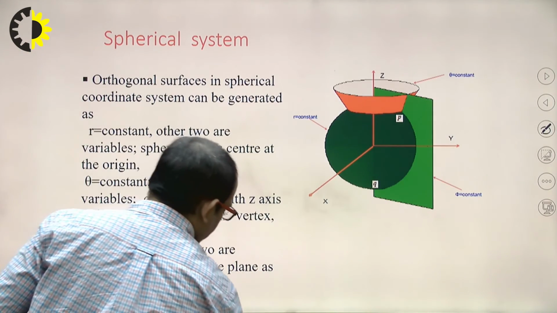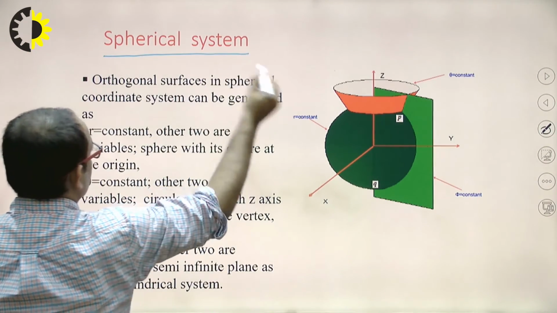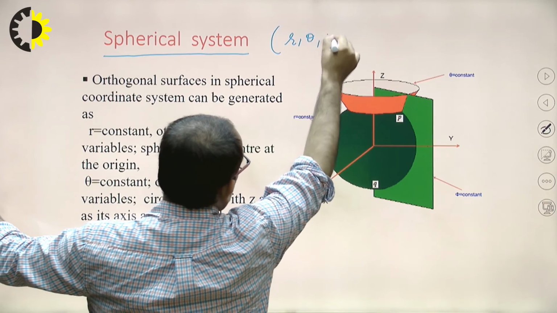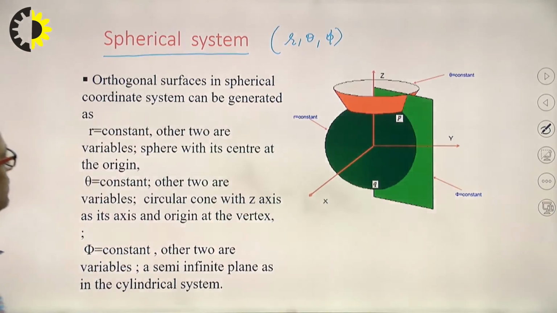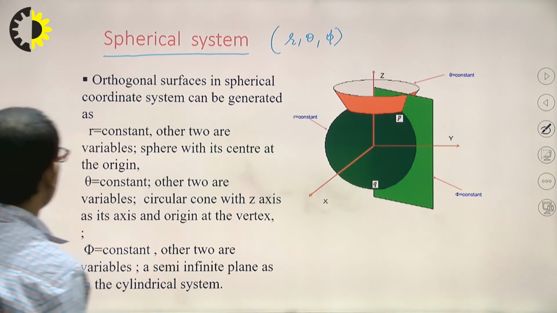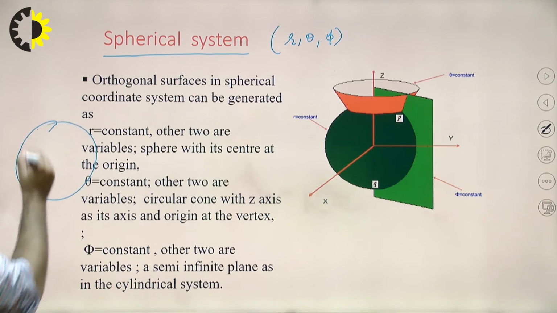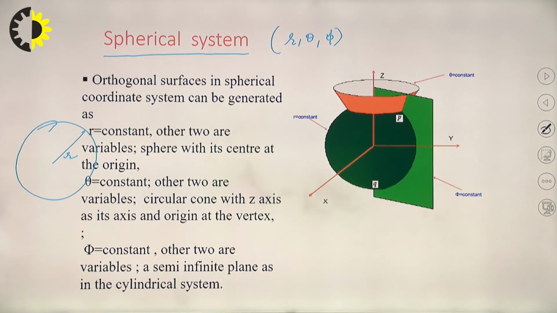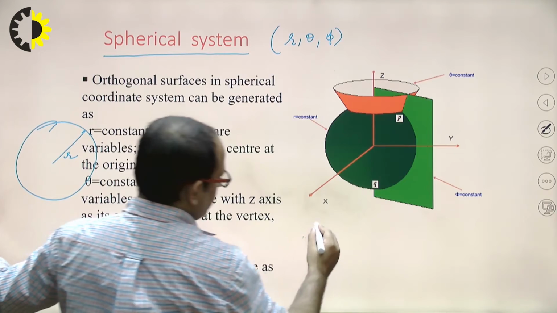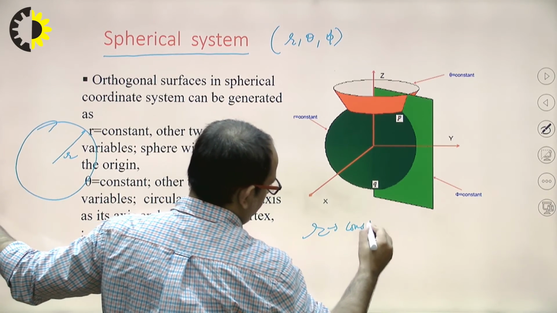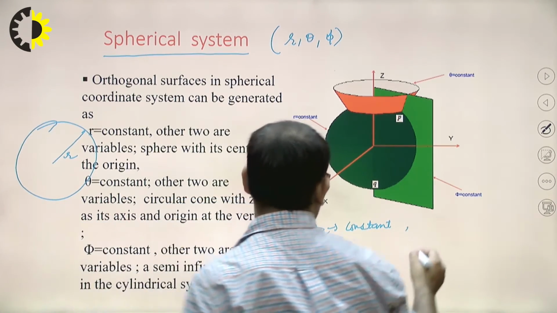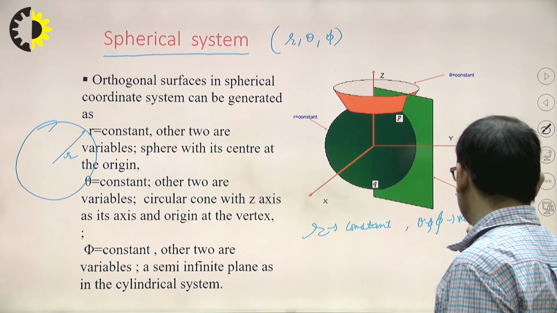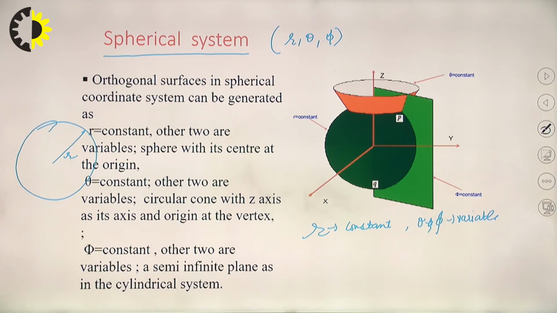Now for the spherical coordinate system, a point's coordinates are r, theta and phi. Now if I say that this is a sphere and this is R. If R is constant and theta and phi are the variables, what will be formed?